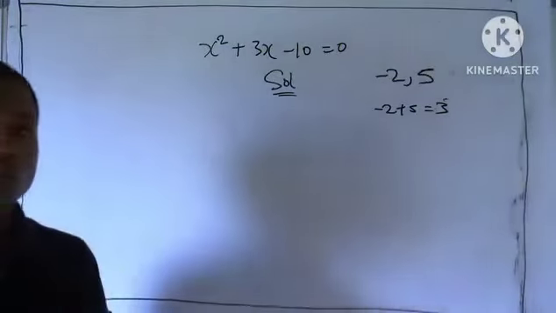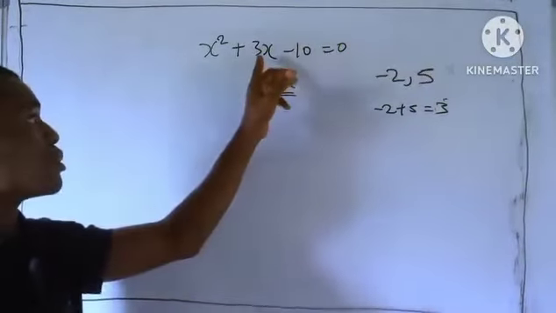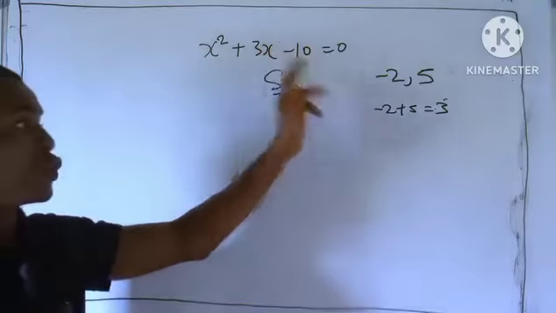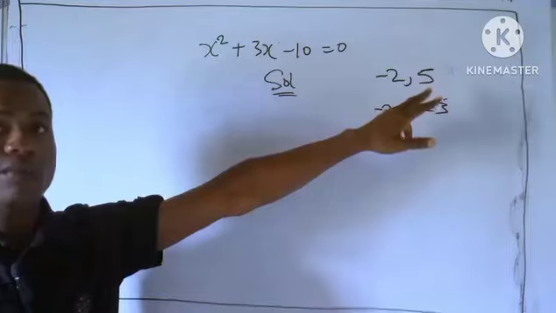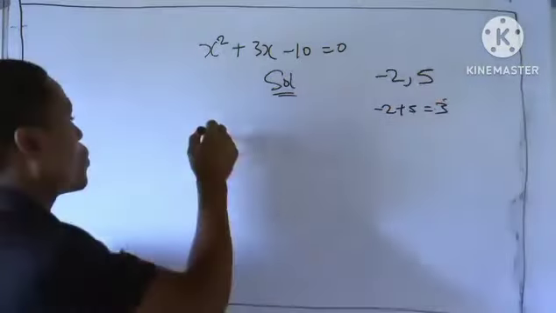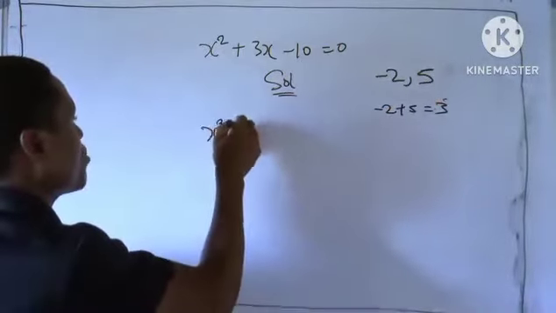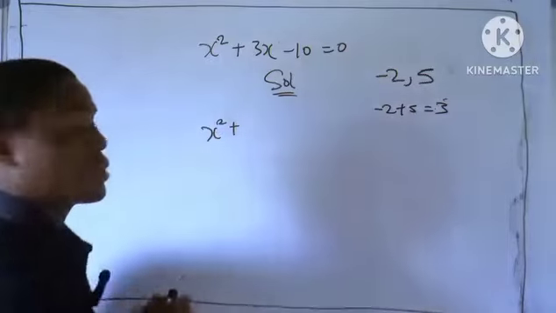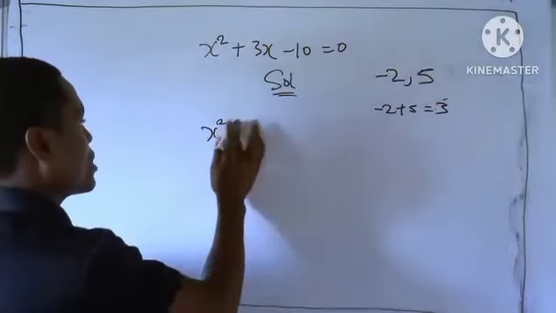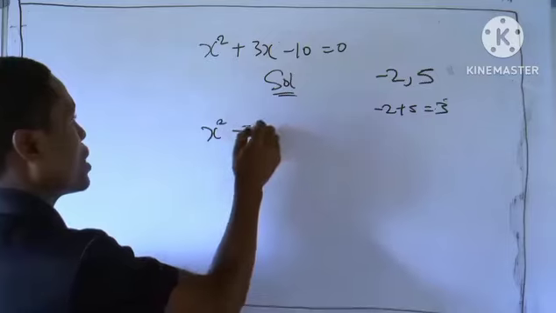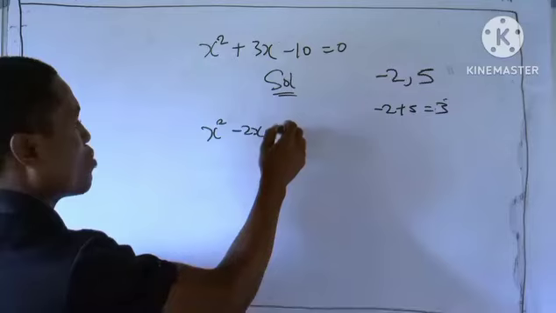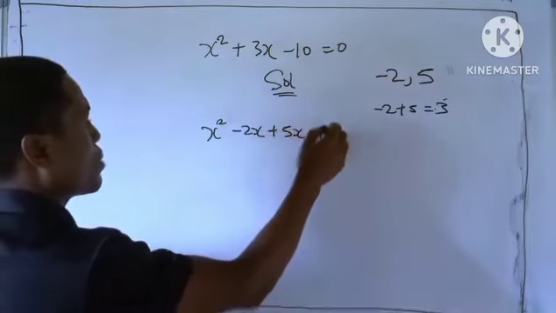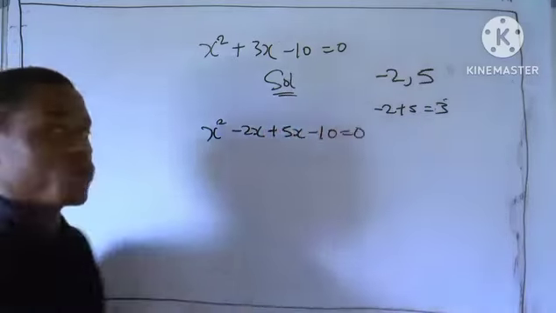So what you need to do now is, in place of plus 3x, you will input these two numbers, minus 2 and 5, okay? So we now have x squared, the first one is minus 2x, the second one is plus 5x, minus 10 equal to 0.